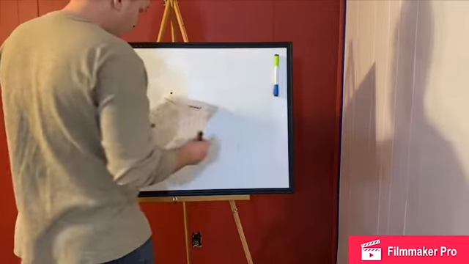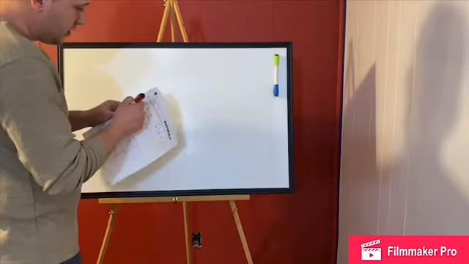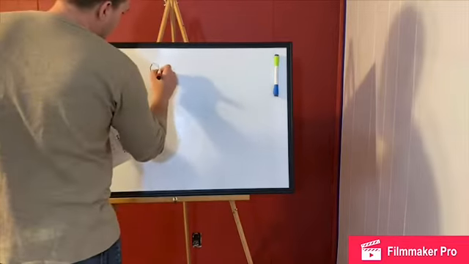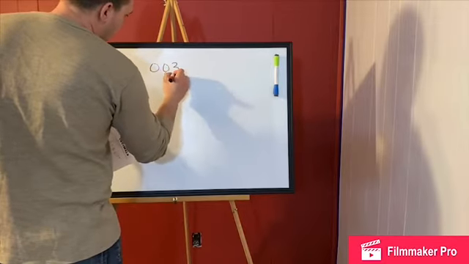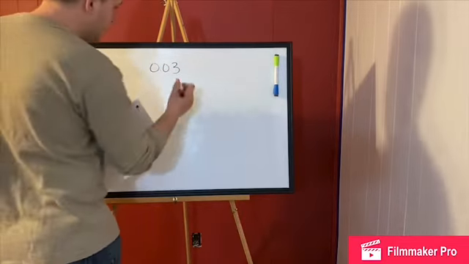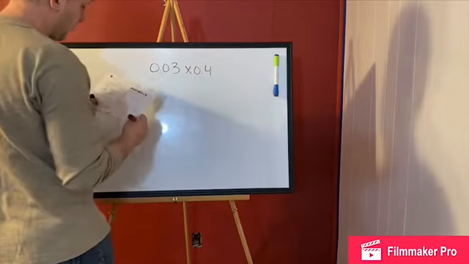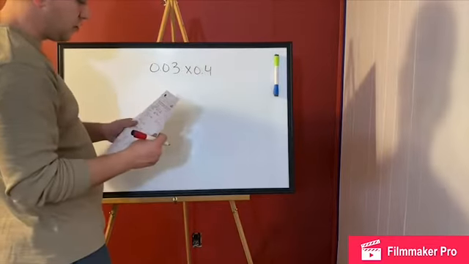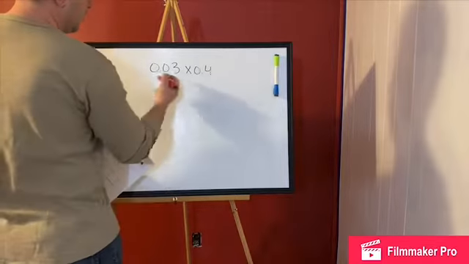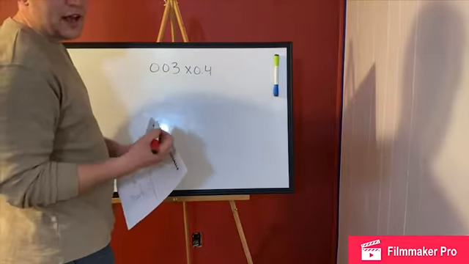For number 1, we have 0.03 times 0.4. Okay, so we need to make this into a fraction.